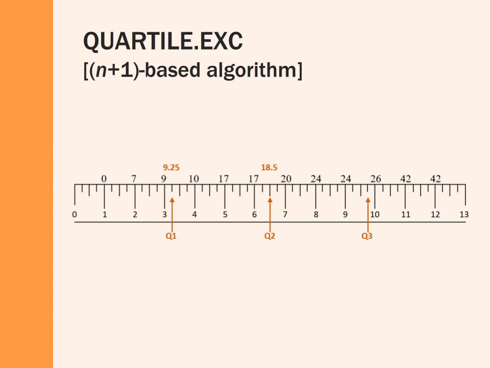Following the same process for the third quartile, we see the third quartile does not exist as a case in our data. Instead, it falls between values of 24 and 26 that are located at inches 9 and 10 on our ruler. So we ask ourselves, what is the difference between these two cases? 26 minus 24 is a difference of 2 units or 2 points, whatever this variable is measured in.